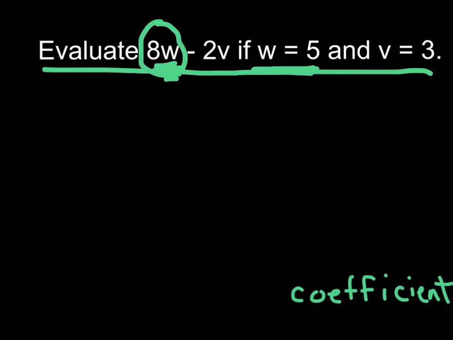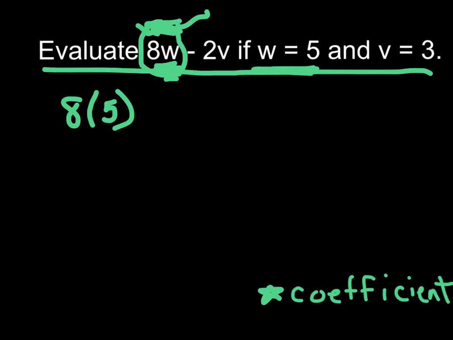It's 5. So we have 8, and in math terms, if there's no sign in between the number and the variable, that means we're going to multiply. So I can show that a couple of ways. I'm going to put it in parentheses. That's another way to show that. And just a side note, when I have that, the 8 is called a coefficient.